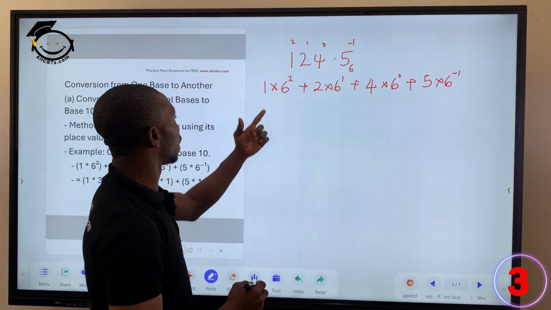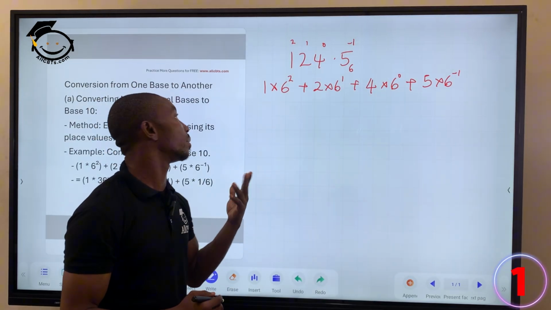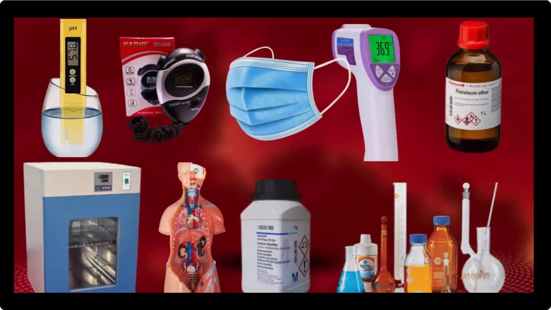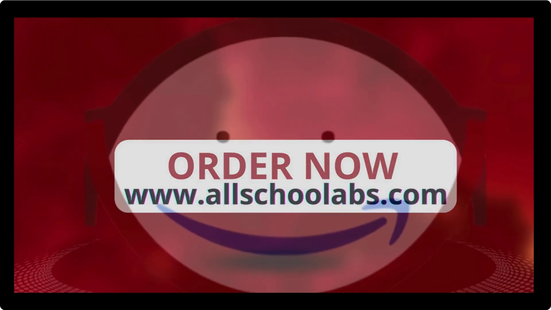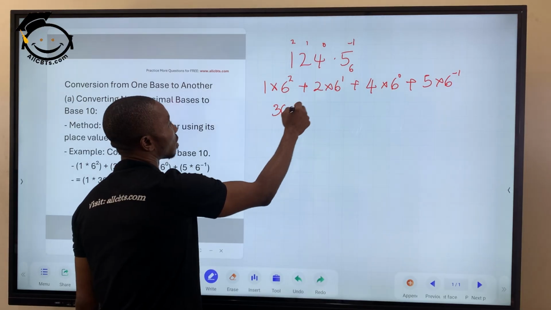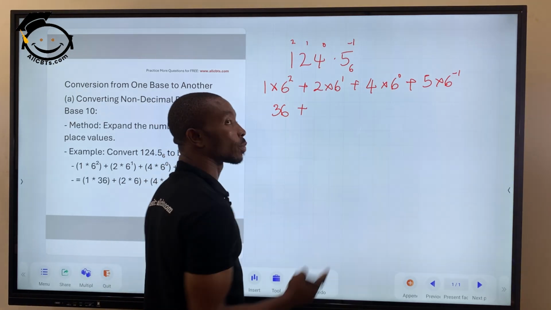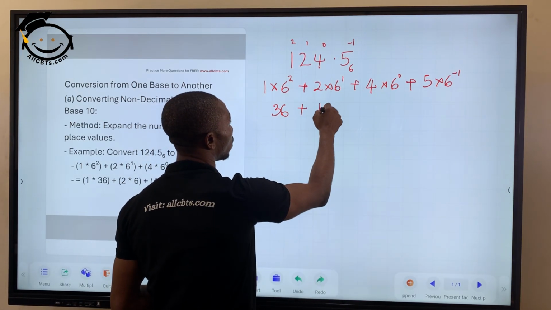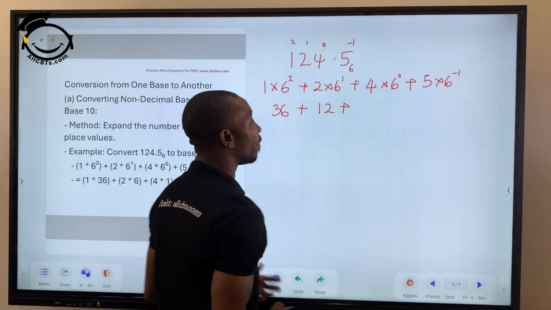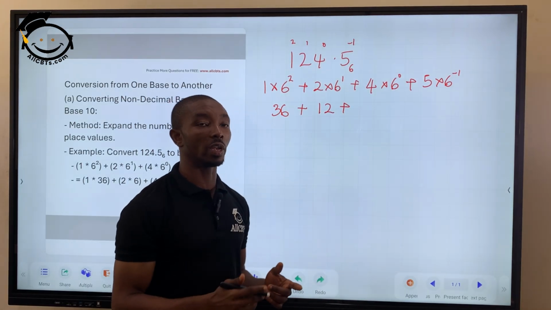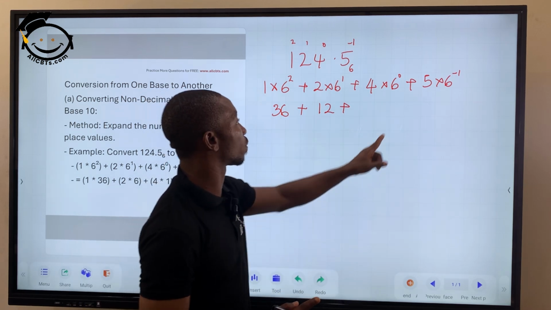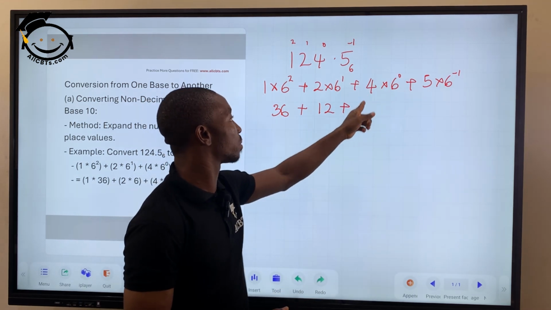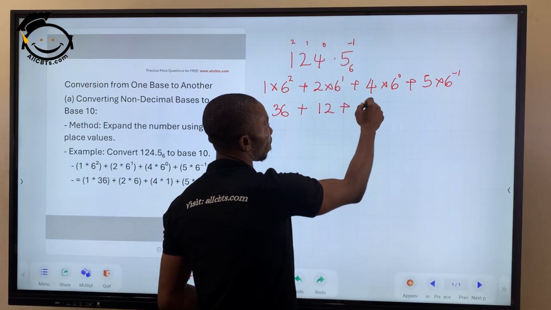Alright, now 6 raised to power 2 is 6 times 6, which is 36, times 1 gives us 36. Plus 6 raised to power 1 is 6, times 2 will give us 12. Plus any number raised to the power of 0 is 1, so 6 raised to power 0 is 1, times 4 will give us 4.